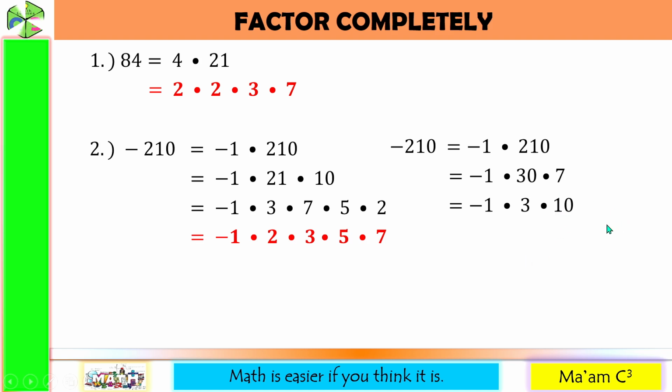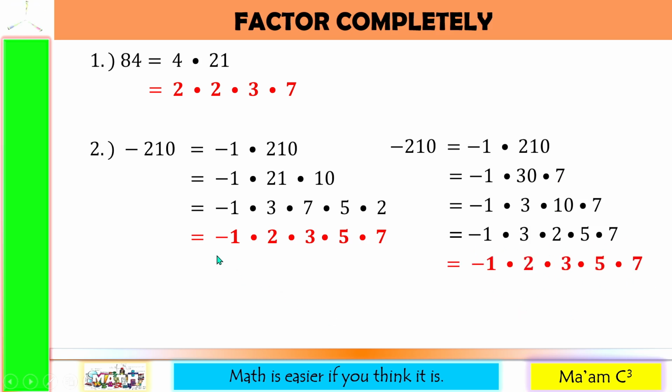Let's copy 7 here. 10 is 2 times 5. Let us arrange this again in ascending order. This is the same as this one. So even if you have different factors in mind at first, at the end, you will arrive at the same prime factors. So this is the complete factored form of negative 210.